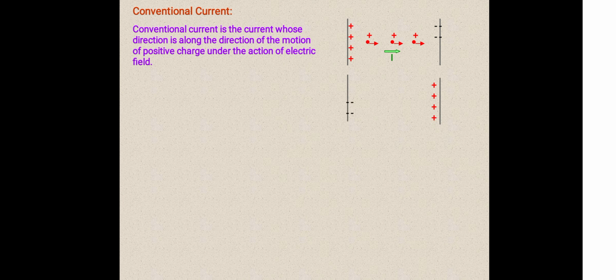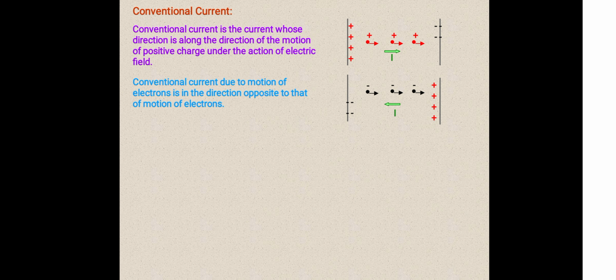Here the positive charge always flows from the positive to the negative terminal, and electrons always flow from the negative to the positive terminal. The conventional current due to the motion of electrons is in the direction opposite to the motion of electrons. So remember this: the flow of current is always in the opposite direction of the flow of electrons.